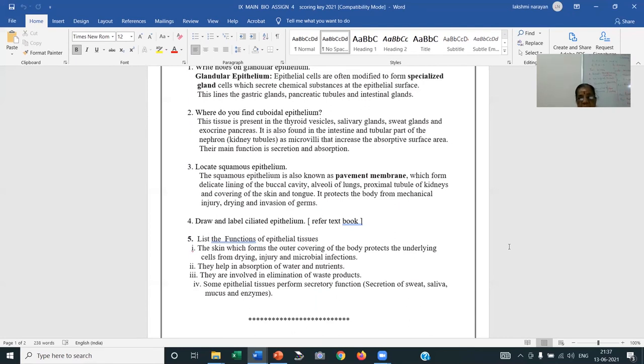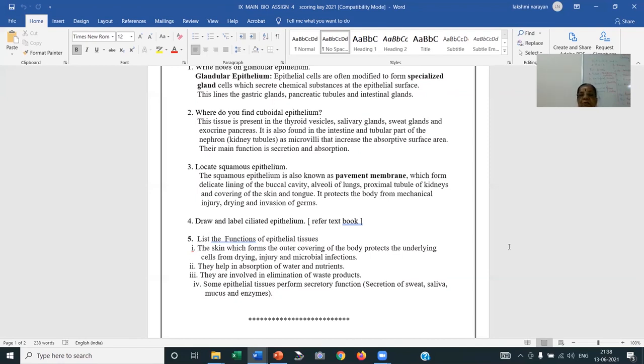It is formed of a cup-shaped Bowman capsule, continued as a highly coiled tubule, in which the first part is the proximal tubule. It also covers the skin and tongue, and it protects the body from mechanical injury, drying, and invasion of germs. It is squamous epithelium. Then I will refer to the textbook for ciliated epithelium.